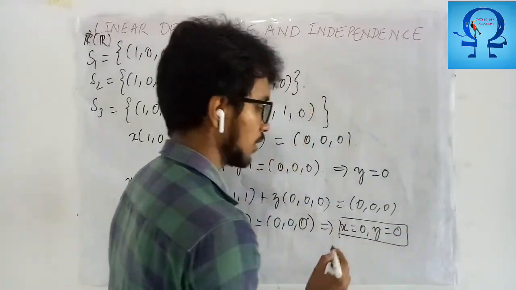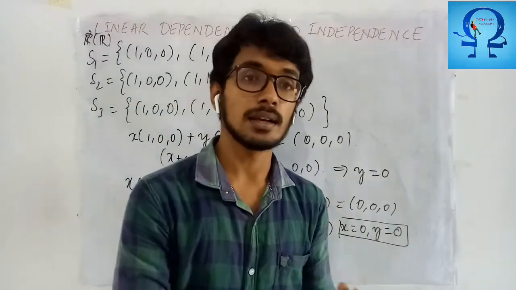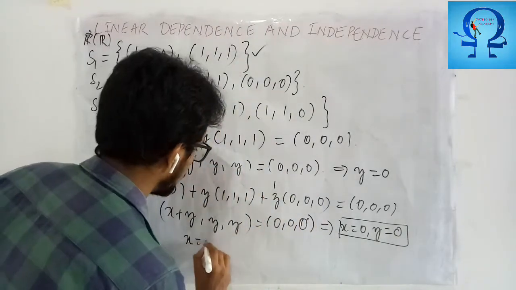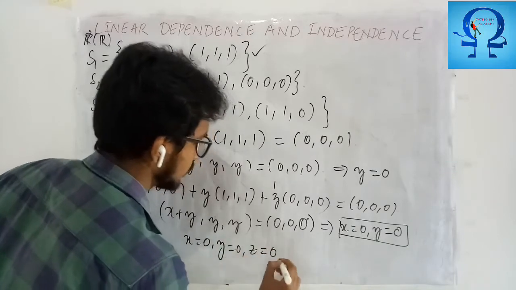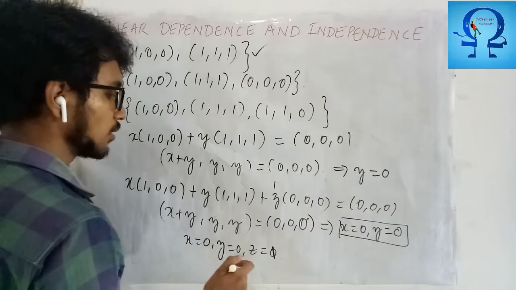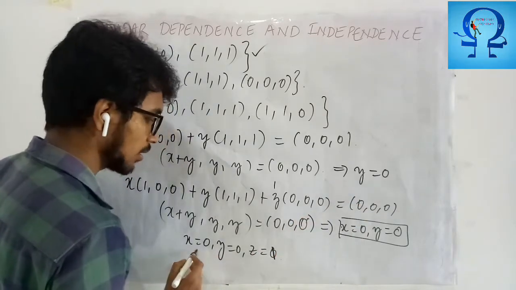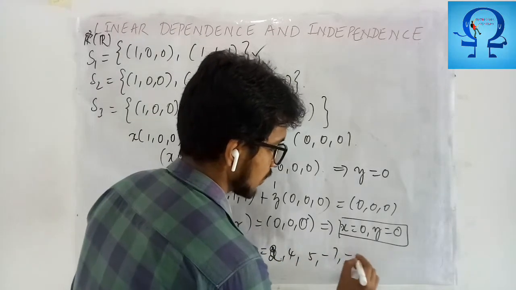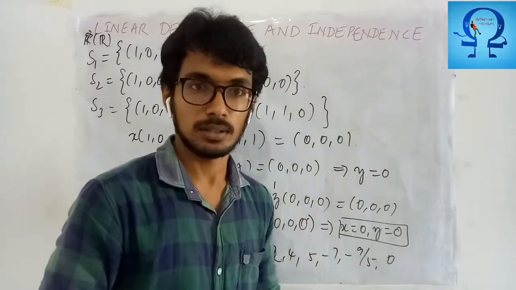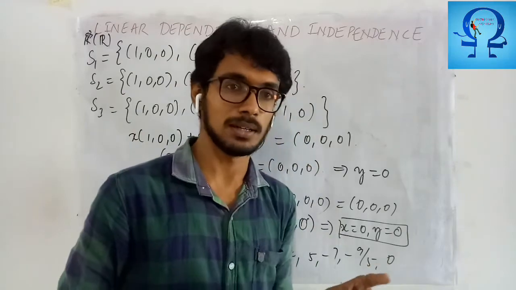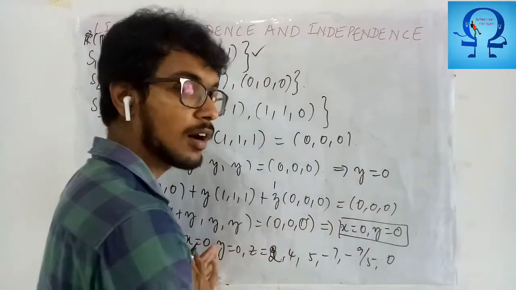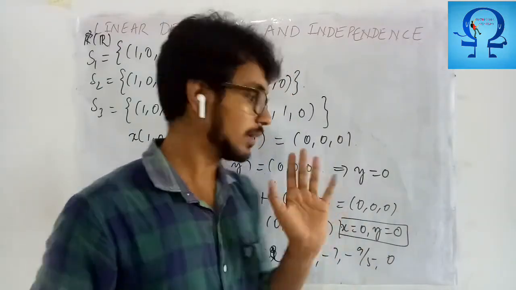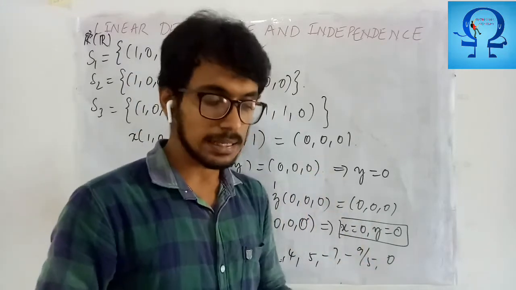Just because you are getting x and y values to be 0, you cannot come to the conclusion that it is linearly independent, because if I choose z to be 1, I am getting 0, 0, 0, but not all the scalars that I have chosen are 0. It may be 2, it may be 4, 5, minus 7, minus 9 upon 5. Even 0 is one of the possibilities, not the one and only possibility. The one and only possibility has to be 0 for all the scalars that we choose. If that is so, then the vectors are linearly independent. Here it is not so. Therefore we are getting linear dependence.